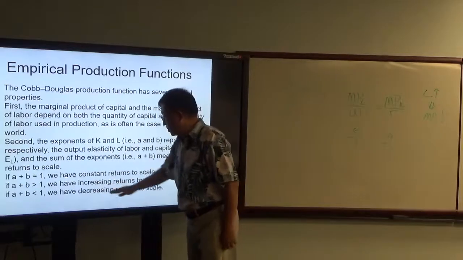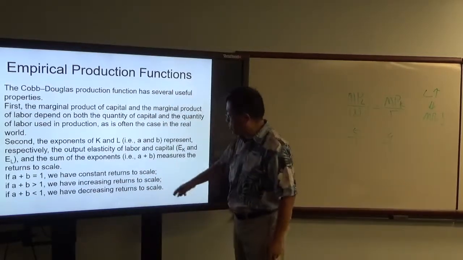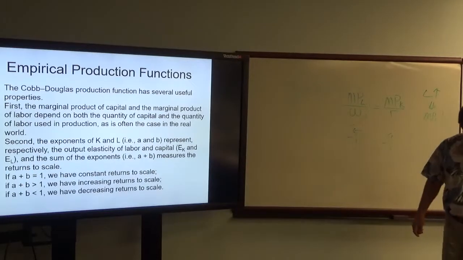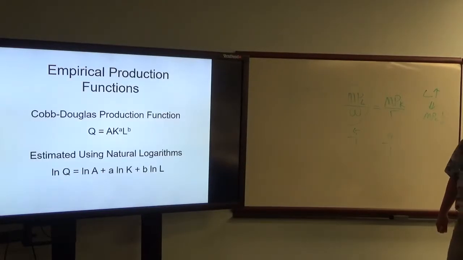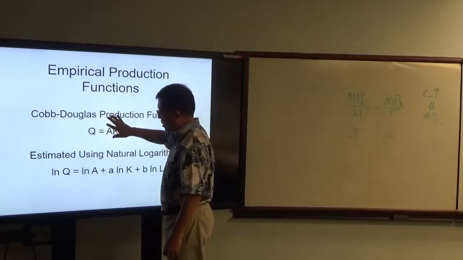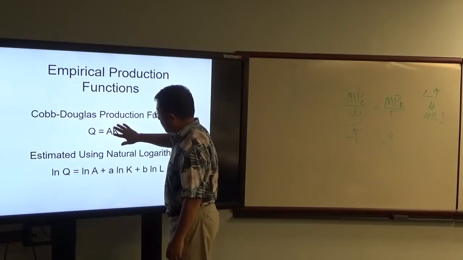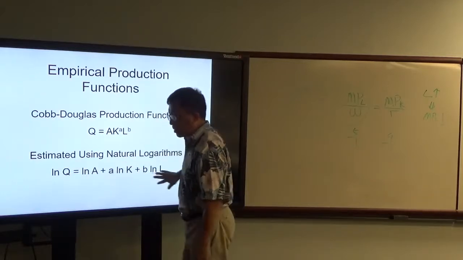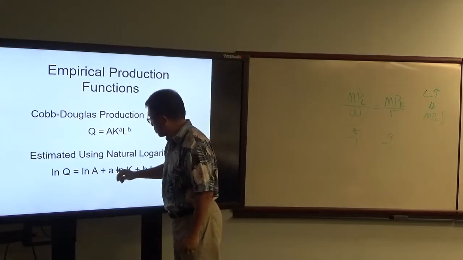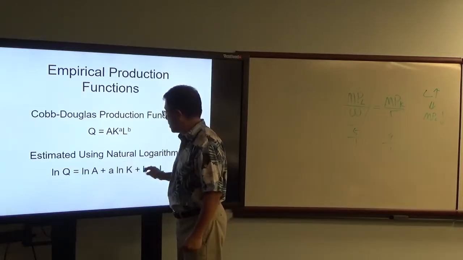If less than 1, then we'll have decreasing returns to scale. And in the real world, basically, the company will convert the Cobb-Douglas functional form into a linear functional form, then use regression methods to estimate those coefficients, especially A and B.